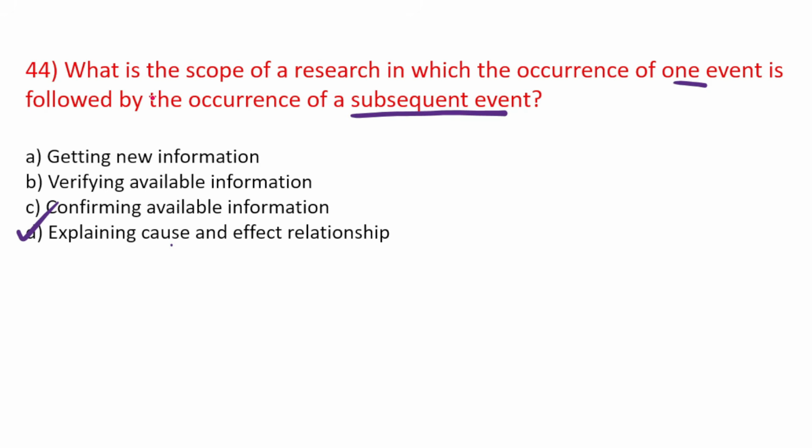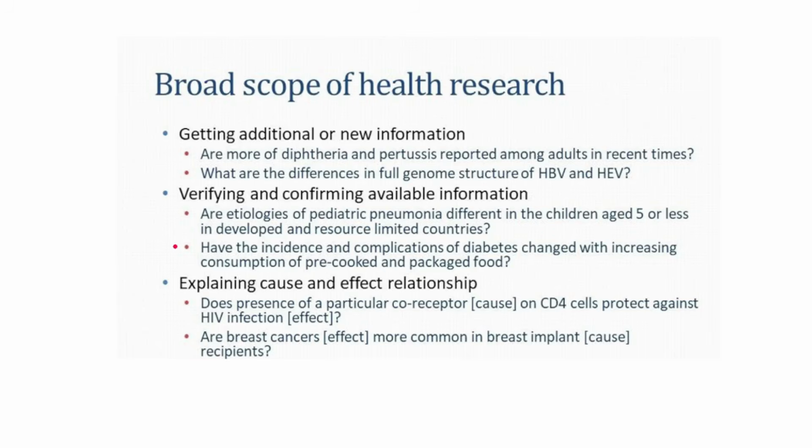See, once again, let us see the question. What is the scope of research in which the occurrence of one event is followed by occurrence of a subsequent event? Now, one such example is the HIV infection. Thus, the presence of a particular co-receptor, which is called the cause, on CD4 cells protects against the HIV infection, which is the effect. So this is one example of cause and effect relationship.